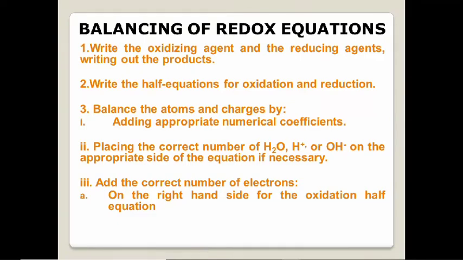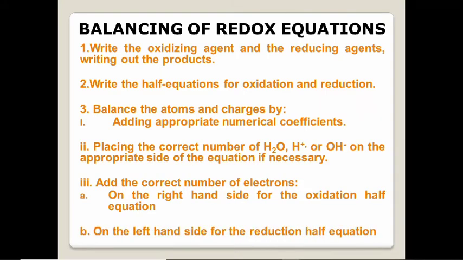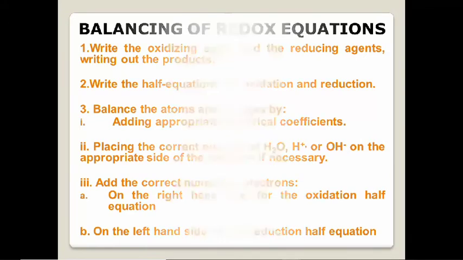On the right hand side of an oxidation half equation, you should add the electrons, while the electrons will be added on the left hand side for a reduction half equation. So for the reduction half equation, the electrons will be added to the left hand side of the equation.